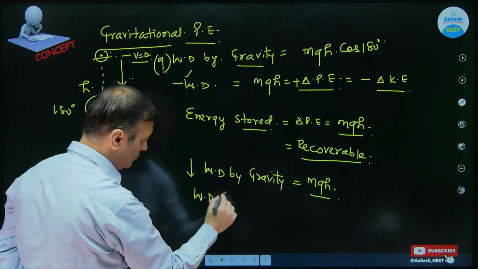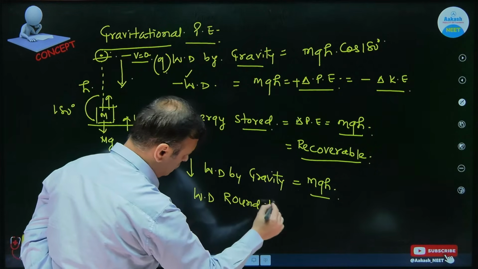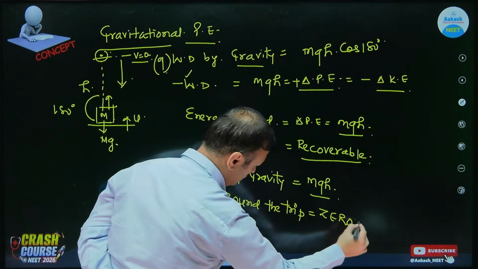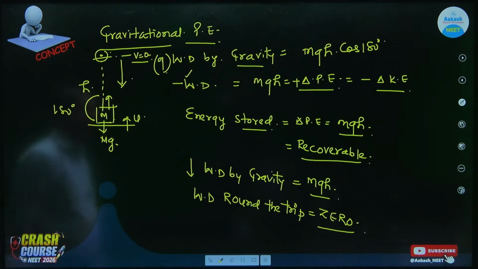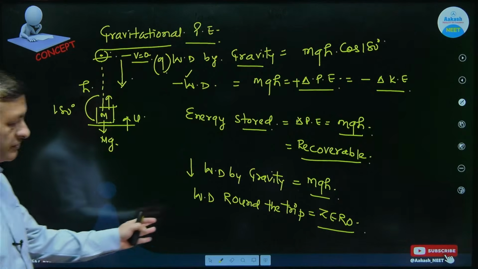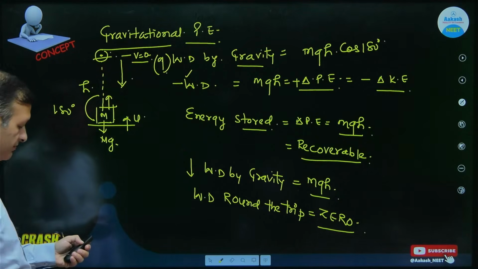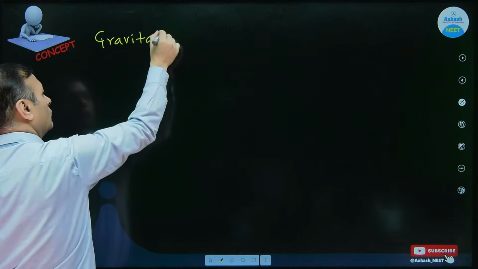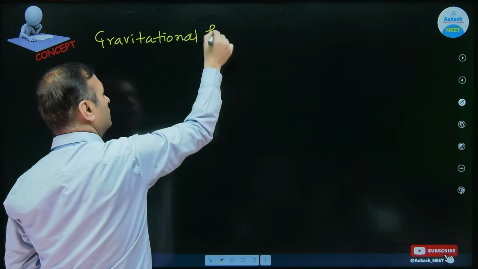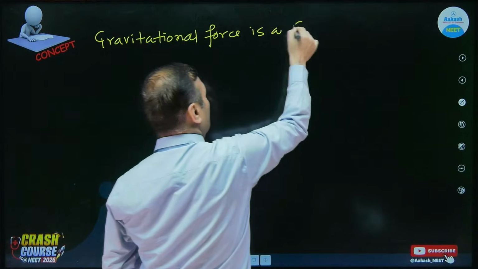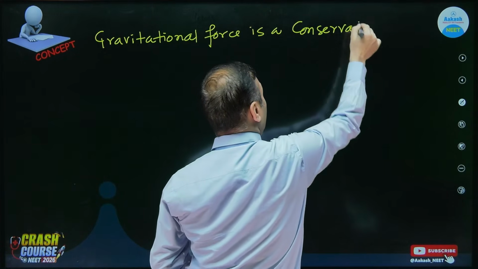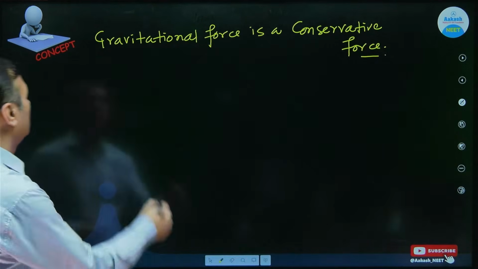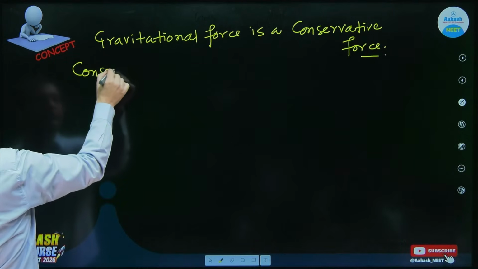So the work done around the trip is 0. So this gravitational force is a conservative force. Got it? So what do you mean by conservative force?